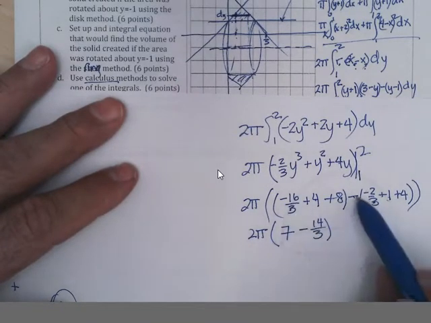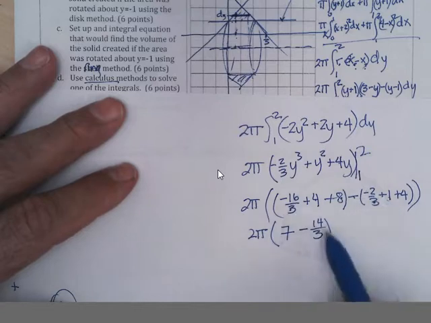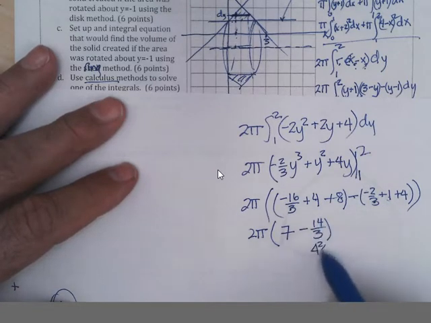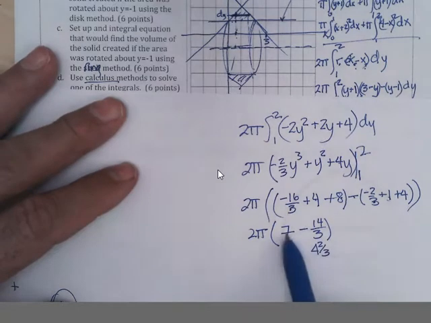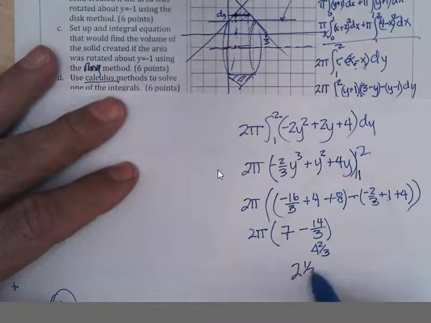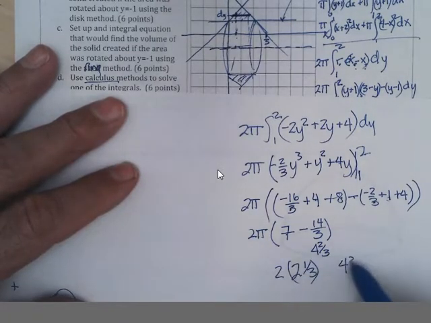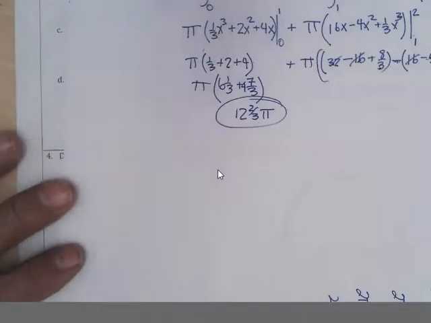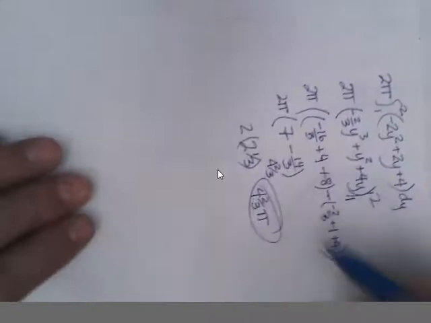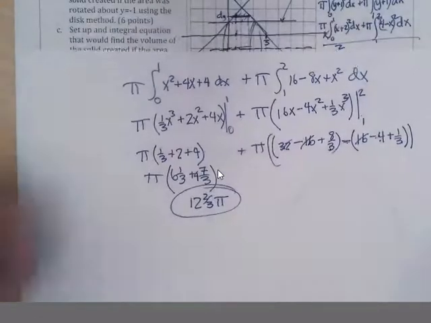Minus 16/3 plus 2/3, 14/3. That's 4 and 2/3. So 7 minus 4 and 2/3, which is 2 and 1/3, times 2 is 4 and 2/3 pi, and that's not what I got over here. Okay, I think this one might be right, so I need to go back and check my arithmetic here.